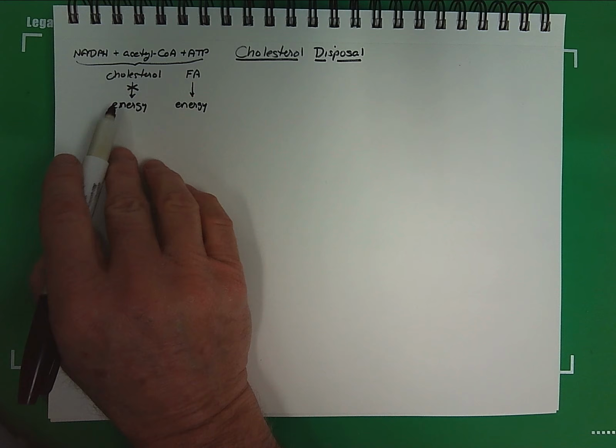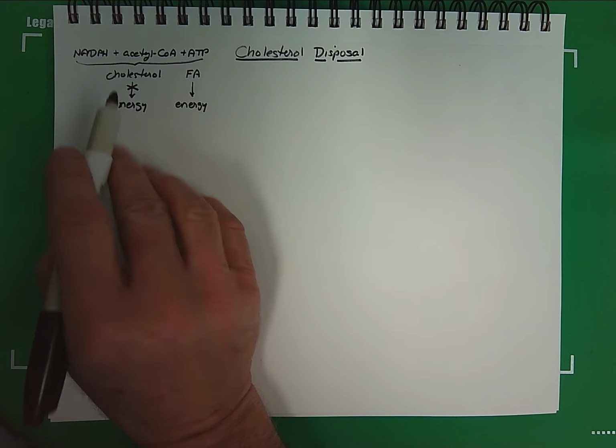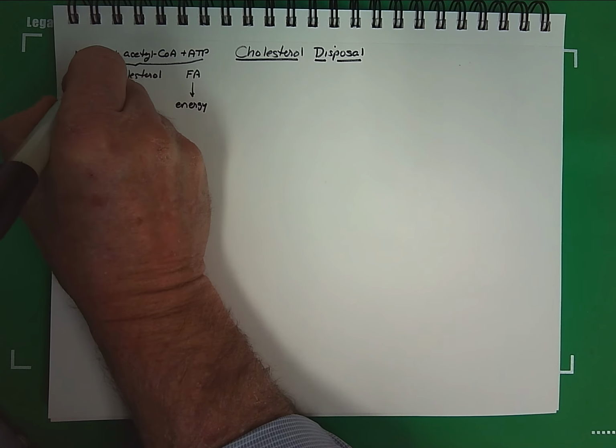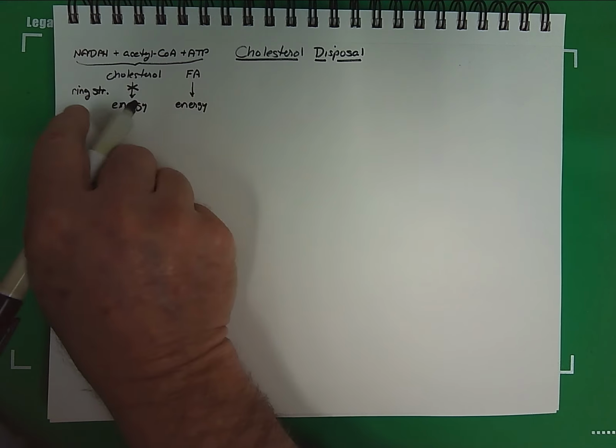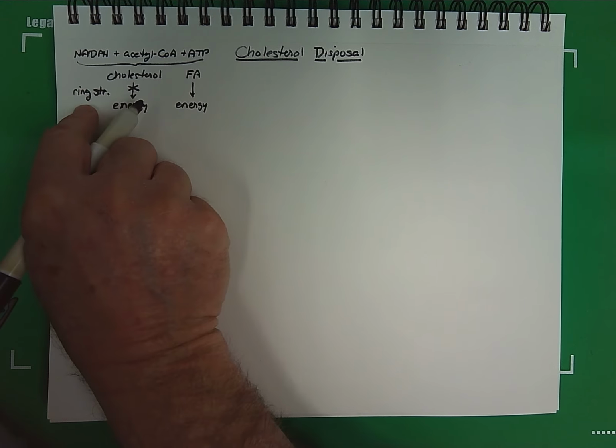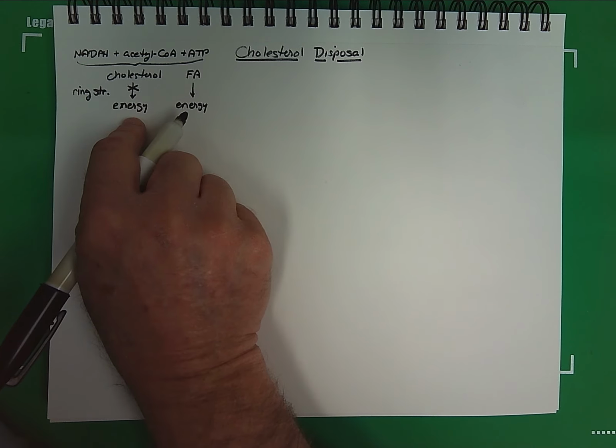But with cholesterol, we cannot do this. And the reason for this is because of the ring structure. The ring structure of cholesterol, we do not have any enzymes that can break these rings. So this is why cholesterol is very tightly regulated and controlled in its biosynthesis.